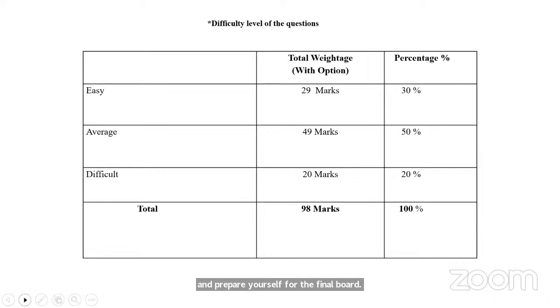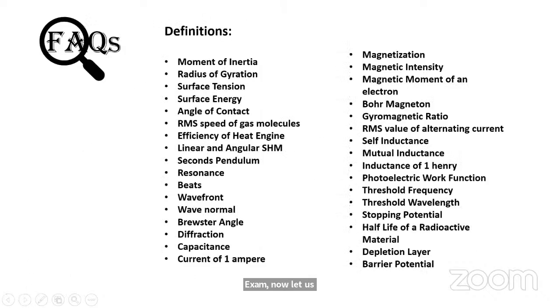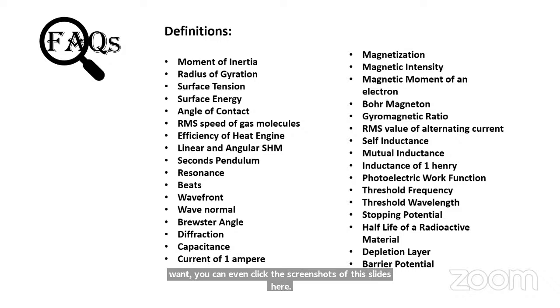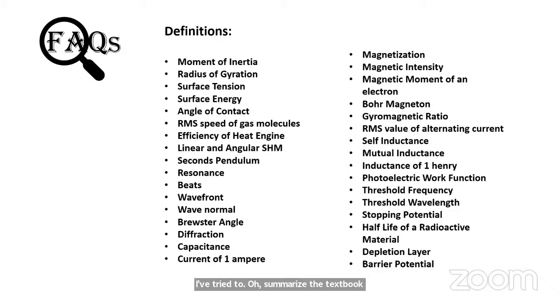Now let us move to the next slide. Now here, my next 3 to 4 slides, I think there I have tried to summarize the content. So if you go through all these slides, if you want, you can even click the screenshots of these slides. Here I have tried to summarize the textbook content. Though in these slides, I am not able to cover the entire content, 100%.